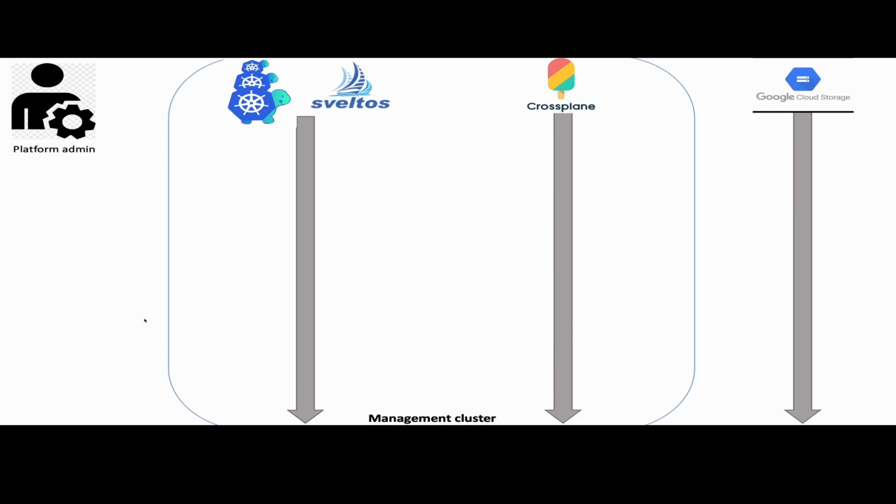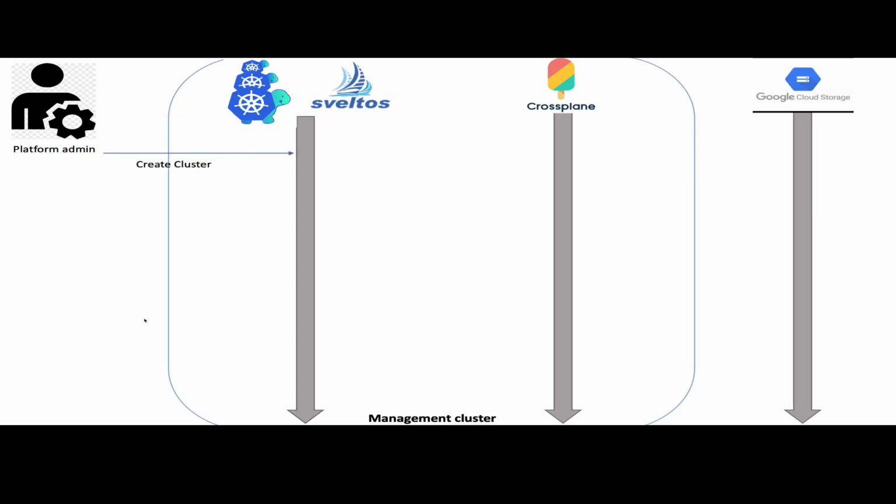Because of this dynamic nature, Sveltos being able to fetch resources from the management cluster, Sveltos can also be used to coordinate other open source projects. I want to mention that on top of reading resources from the management cluster, Sveltos can also create resources in the management cluster. So in this example, we're using Cluster API, Sveltos, and Crossplane all together.